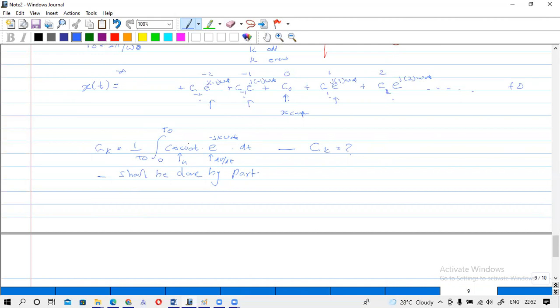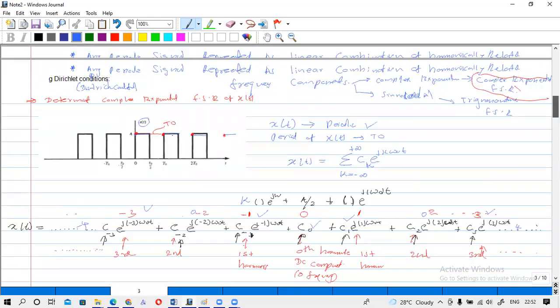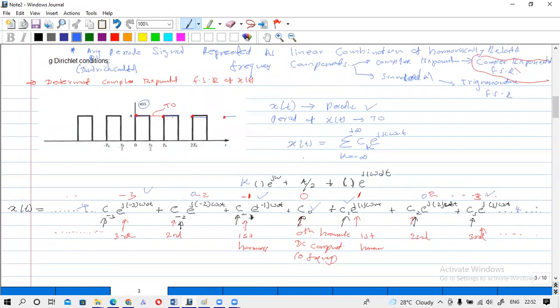And also, to verify whether all harmonics are there or not, we have to further simplify the ck value. That one is also very hard. In our previous example, I think it is here, this is our period example.